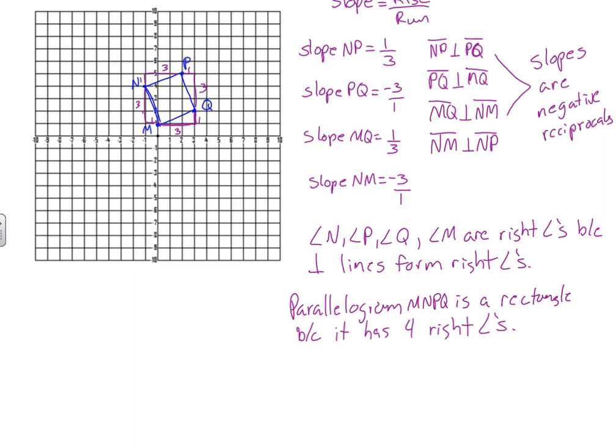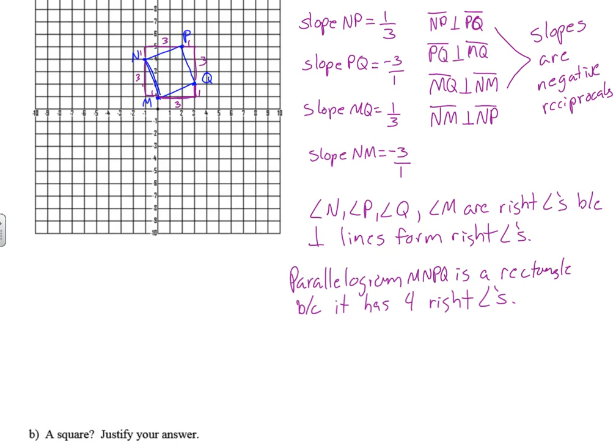Okay, now the next part of this says, is it a square? Well, to think about square, we need to bring in something from the rhombus. A square is a rectangle and a rhombus put together.